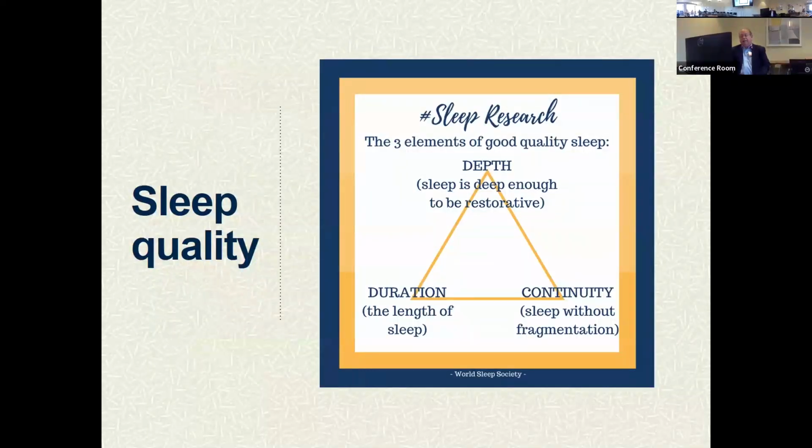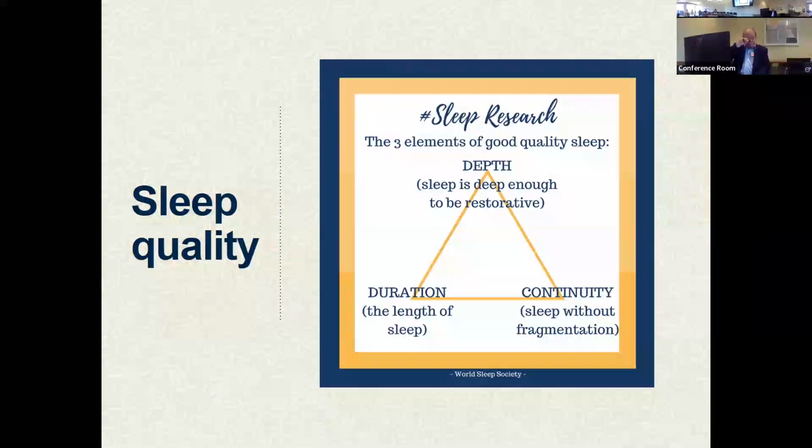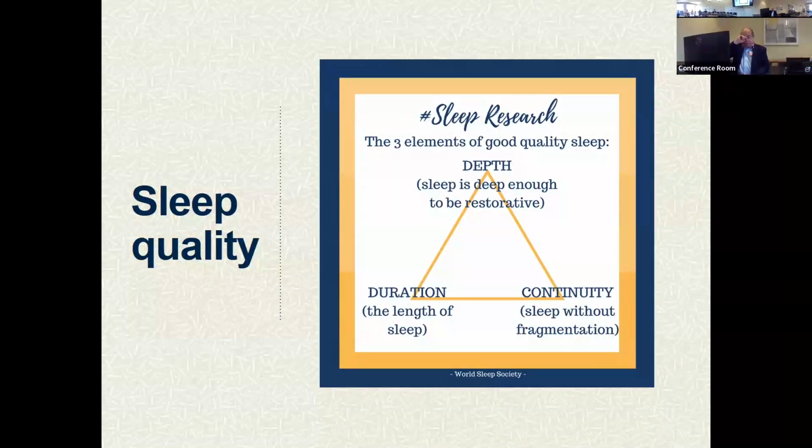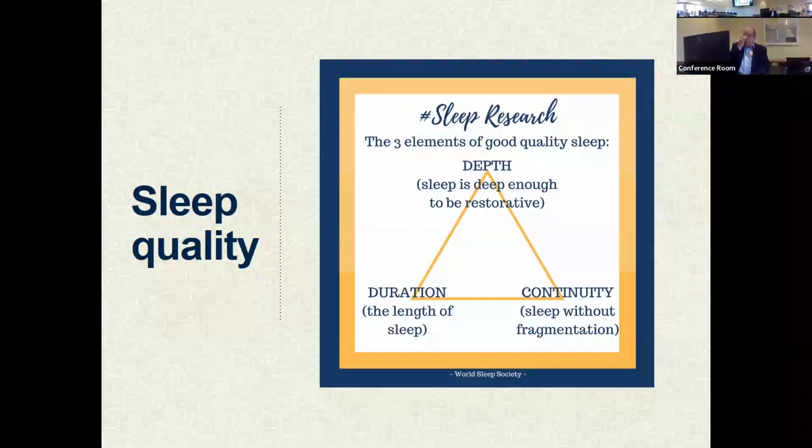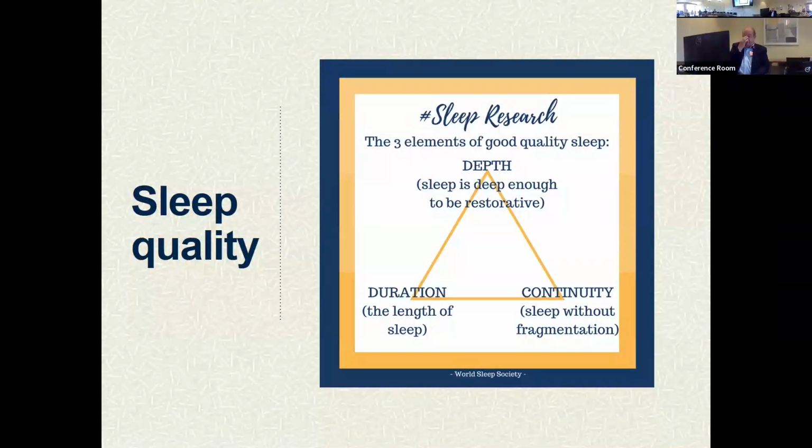Sleep quality. So how do you communicate to the public about the importance of sleep? I mean, everybody talks about sleep, they all do it. How do you get their attention? And you start doing it with this particular, I don't want to say it's pseudoscience.